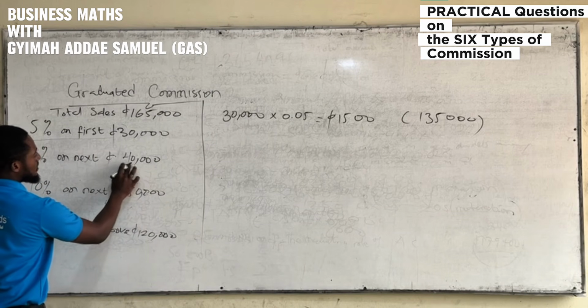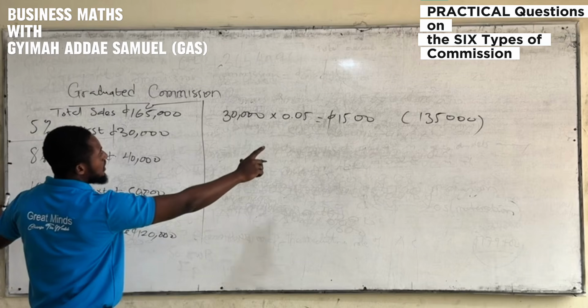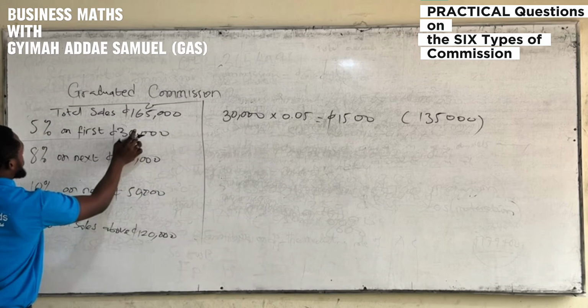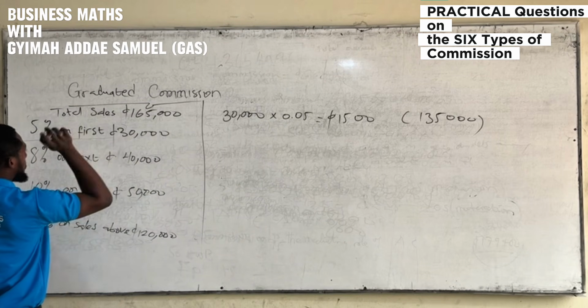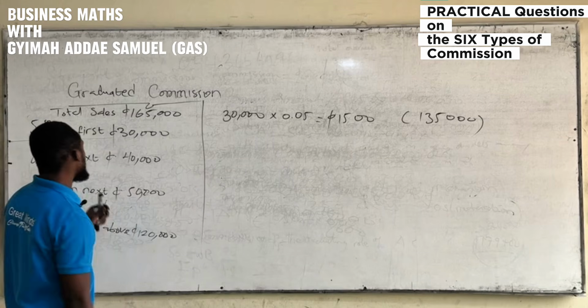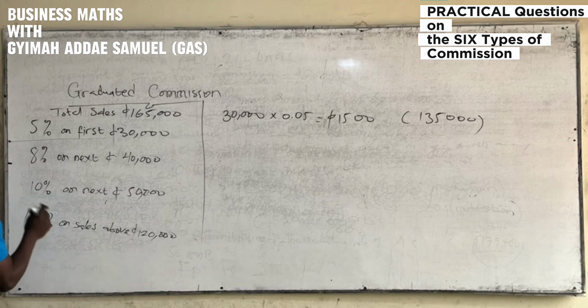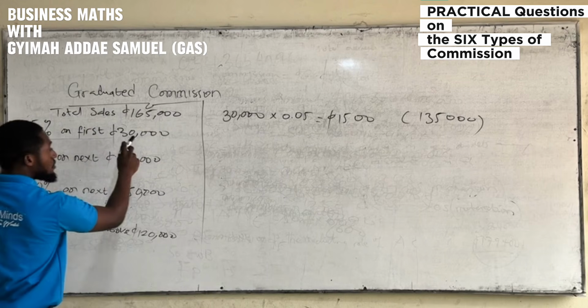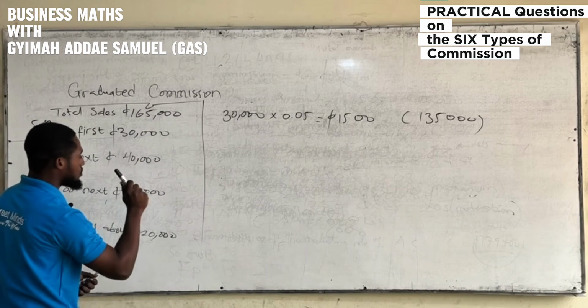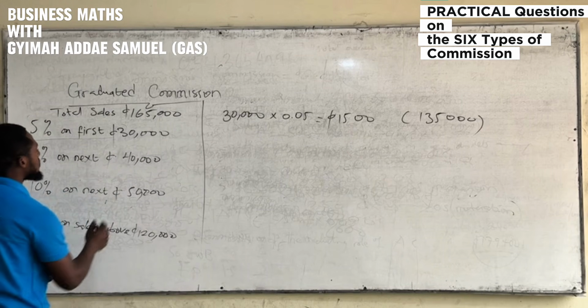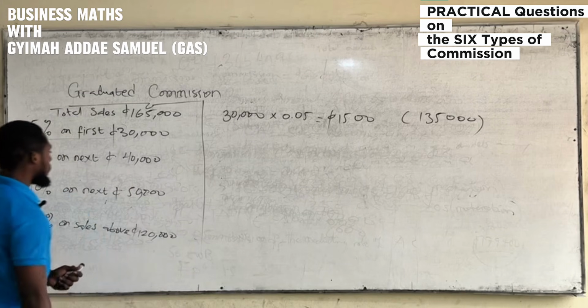Now, when you get this amount, you would have to check whether it exceeds the following amount, that is, whether the amount you got after subtracting the first 30,000 from the 165,000 total sales exceeds the next band. When we subtracted the 30,000 from the total sales, we had 135,000, and the 135,000 exceeds 40,000.